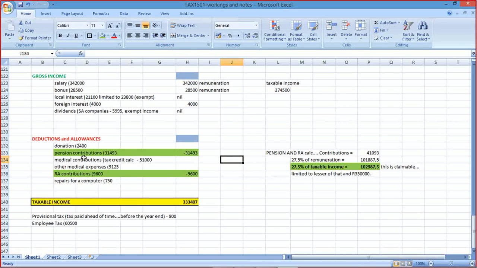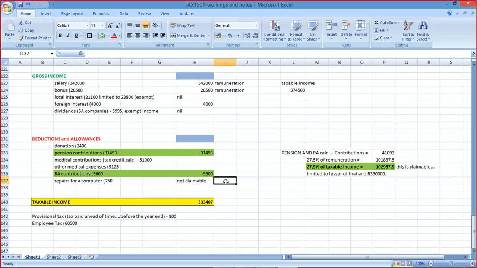Okay, let's go for the easy ones. Donation is quite easy. Repairs is also easy. Can you claim repairs for a computer? No, you can't. Because you can't claim for repairs and maintenance, really. You can if you're running a business.